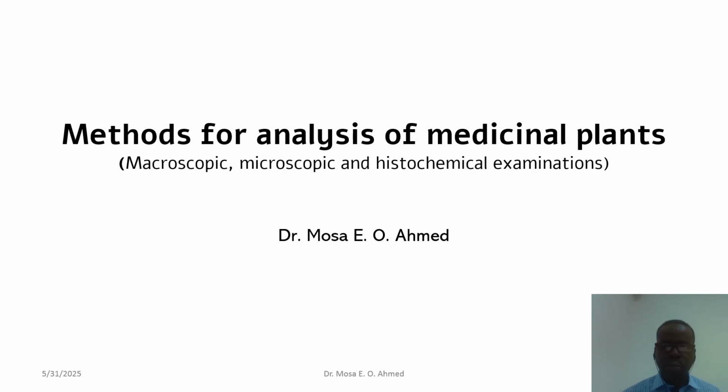And the third part of the lecture, we talk about histochemical examination, and we mean the use of microscopy beside chemical reaction to identify the type of secondary metabolite that occurs in this medicinal plant. In detail, we talk about 12 classes of secondary metabolite, using chemical reaction and microscopy to determine the identity of 12 important classes of secondary metabolites.